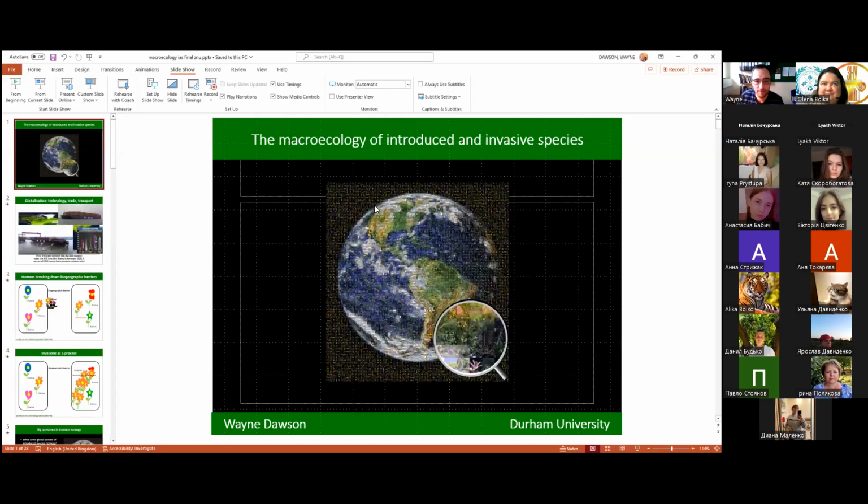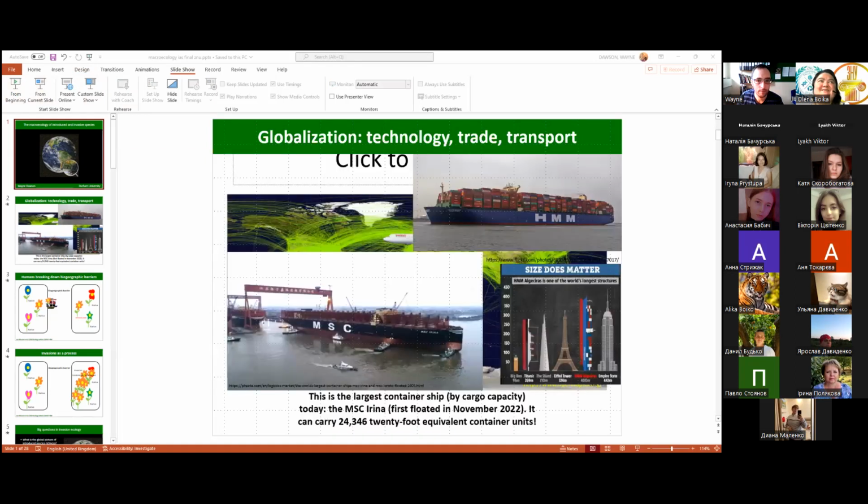Can you see that okay? Is the screen showing as a slideshow? That's the other thing I'm not sure of. Can you see it's a slideshow? No, it doesn't work. Zoom sometimes has these problems. Adrian had slideshows yesterday. Maybe just without slideshow, just slides.